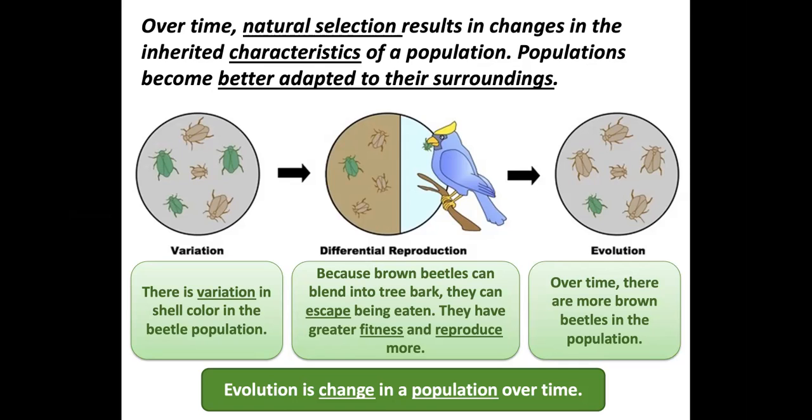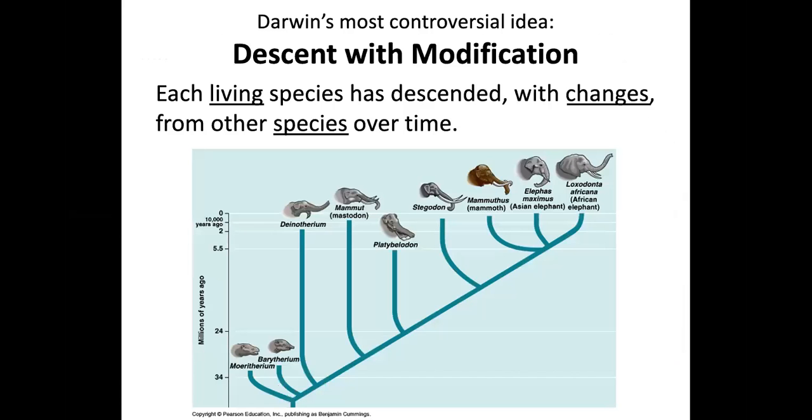So this takes us into actual evolution. Evolution in short is change over time. It is change in a population over time. With Darwin's ideas, this is what was most controversial, and that is what is known as descent with modification.